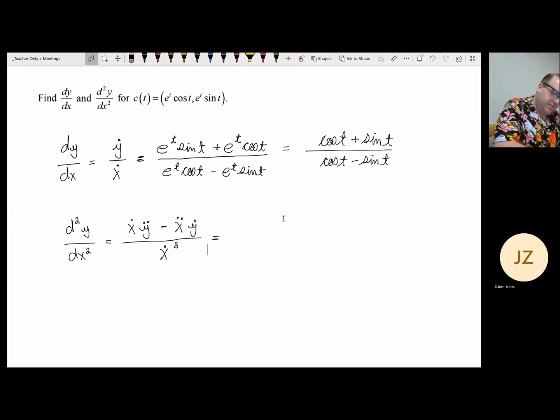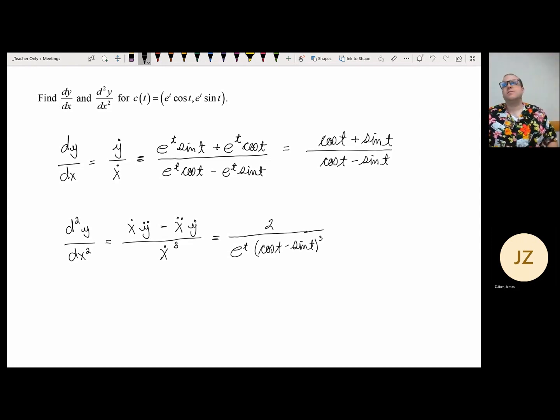I'm going to write it without the negative exponent. So there is d squared, dx squared.